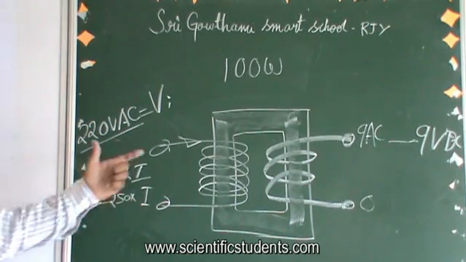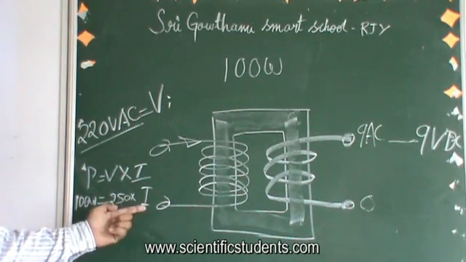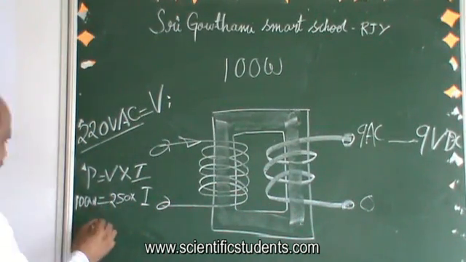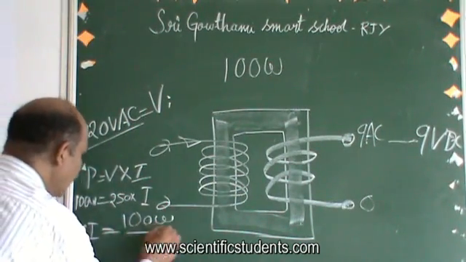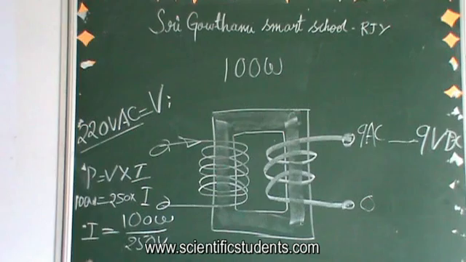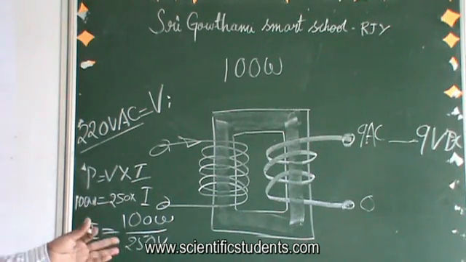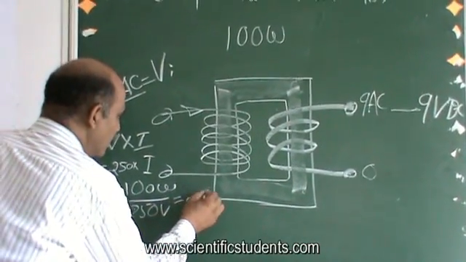To handle the power at 100 watts, my primary current is going to be how much? I is equal to 100 by 250 volts AC, maximum volts. Tell me the answer: 100 watts by 250 is 0.4 ampere.